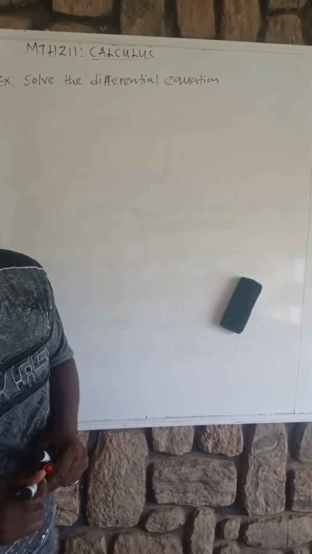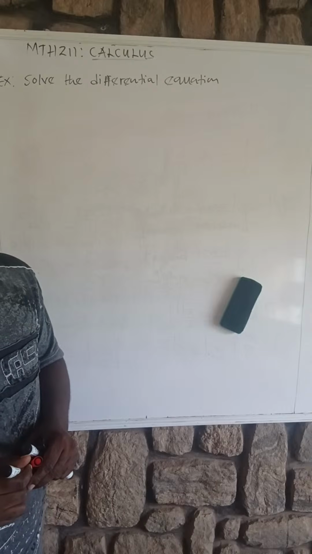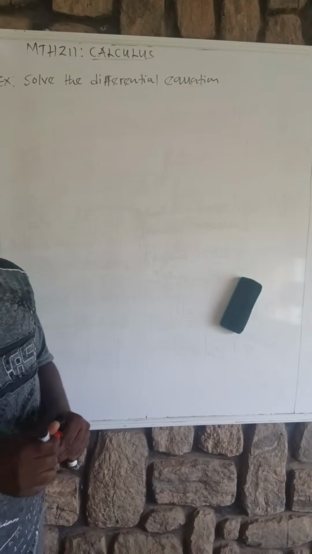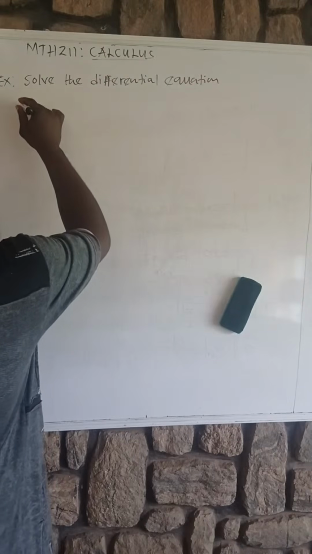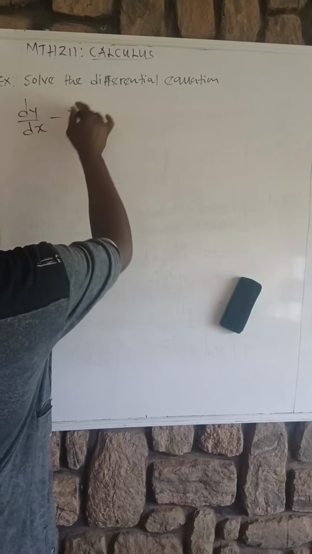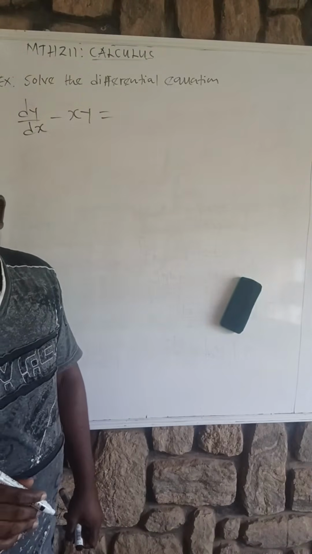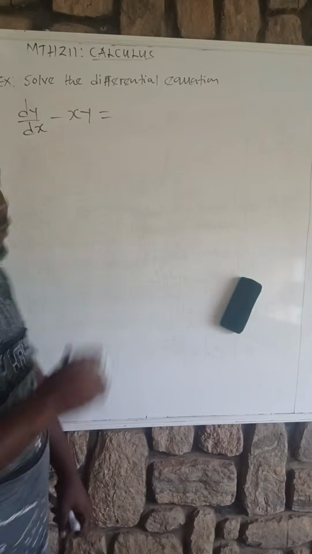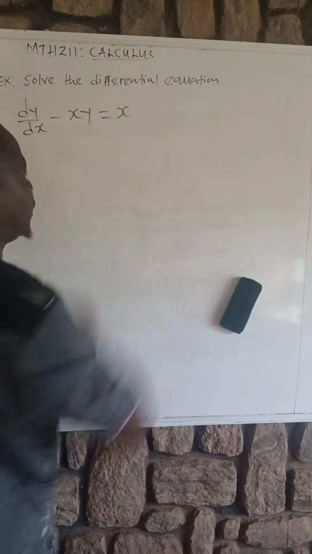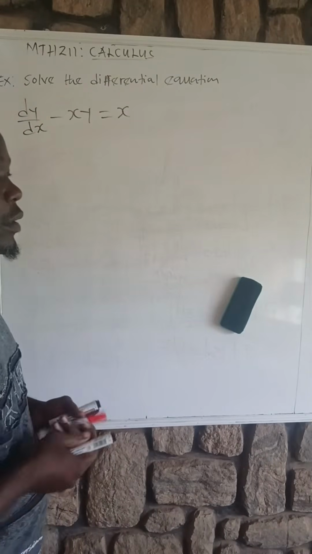Differential equation: we have dy all over dx minus xy equals x. So let's look at it together.